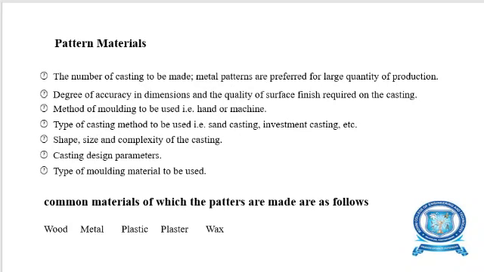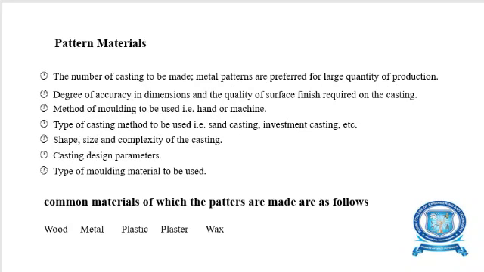Types of casting method to be used: sand casting, investment casting, etc. Shape, size and complexity of the casting. Casting design parameters. Types of molding material to be used. These are the basic criteria for choosing our pattern material.